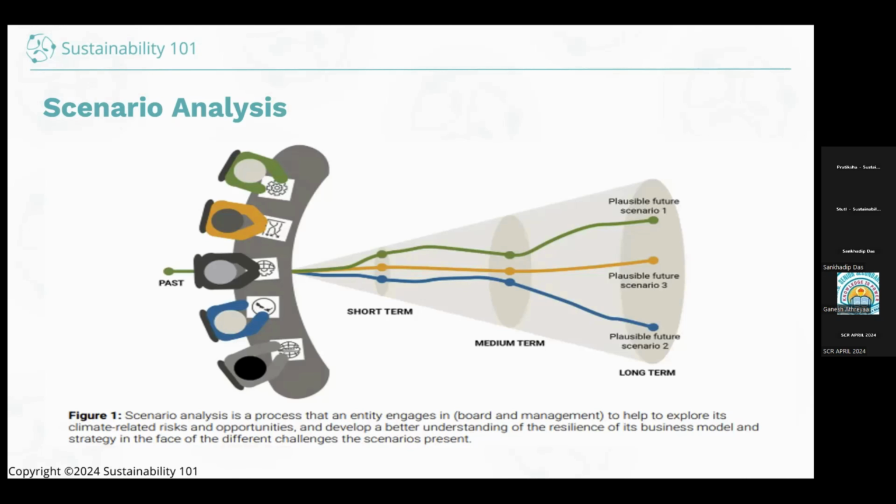At the same point of time, you should have multiple scenarios, and all of those 4 scenarios should have the characteristics which we have spoken about: they should be possible, distinctive, challenging, relevant, and other things. And obviously, those scenarios should be taken from the global reference scenarios of IPCC and IEA, which we'll speak about in the next slides.